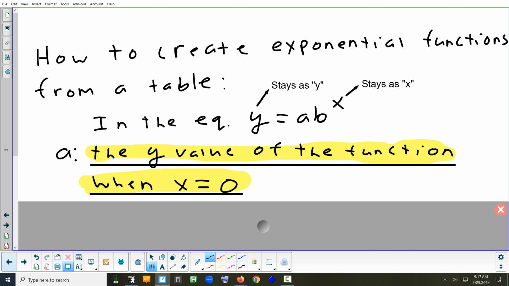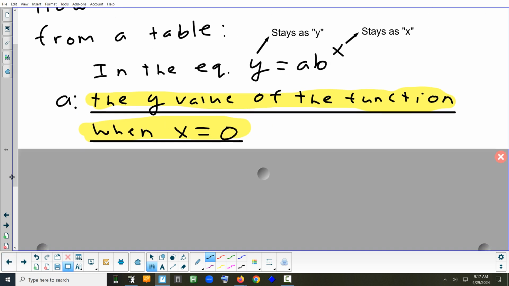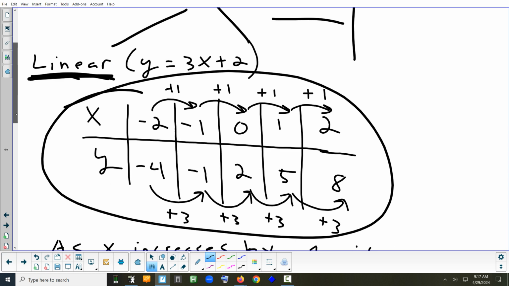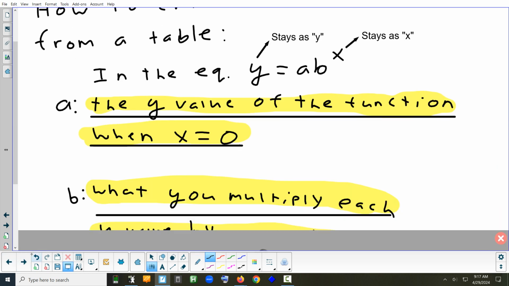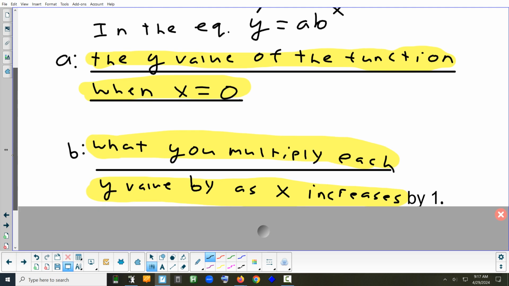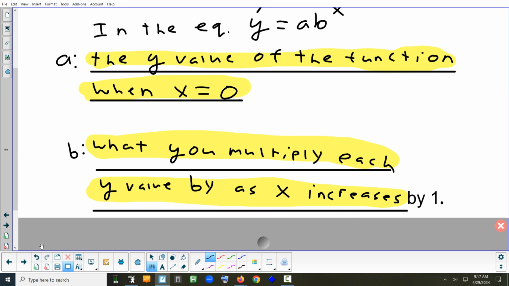What's the other letter in that equation that we need to figure out? The B. The B is also easy to figure out, and that's going to relate back to what I showed you right here. The B value is what you multiply by each time. That's the pattern in your table. So the B value is the number you multiply by each time.